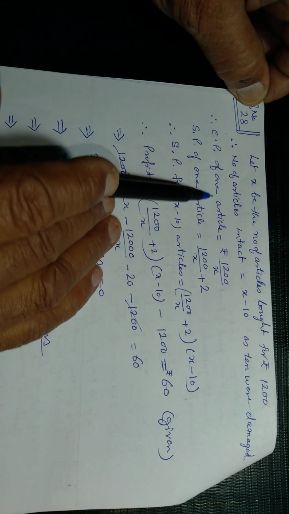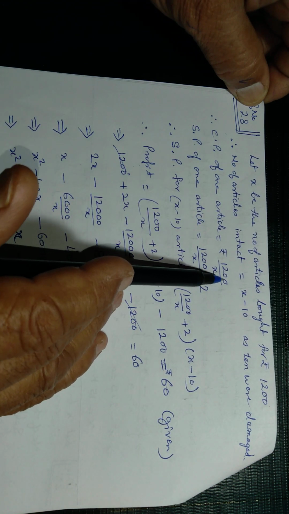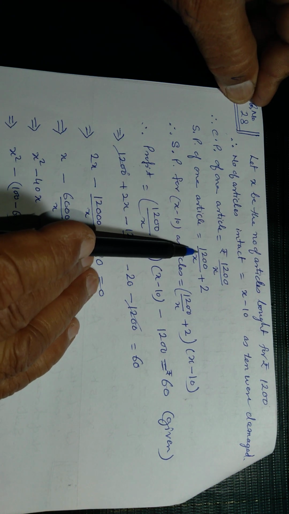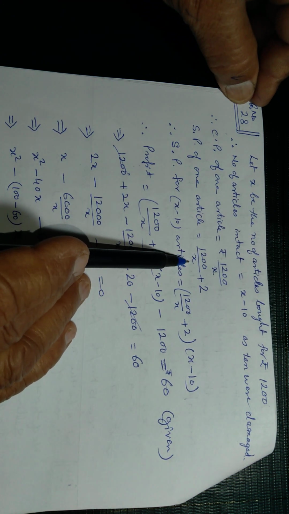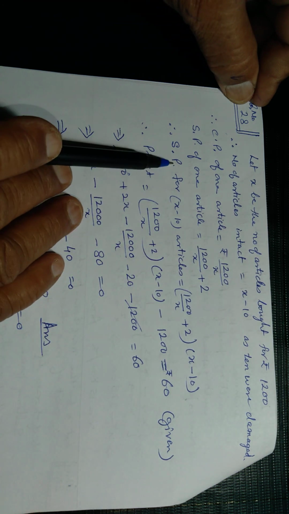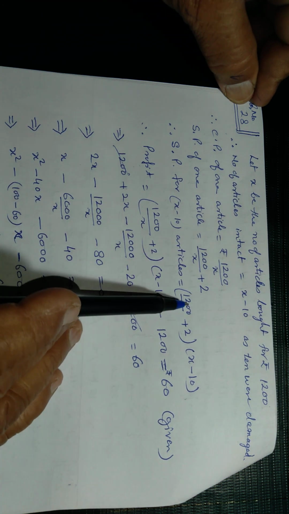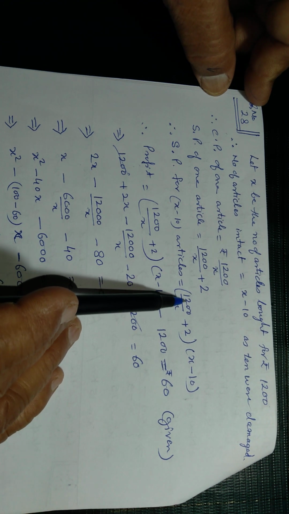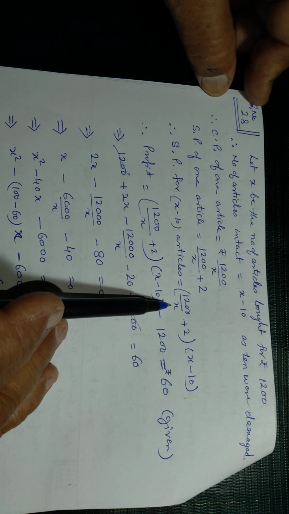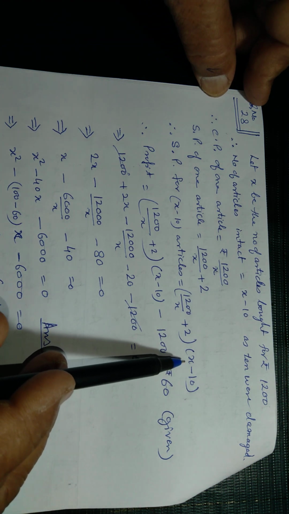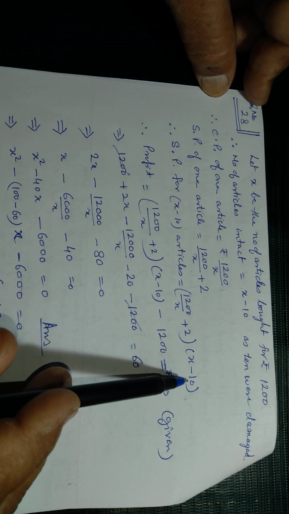So the cost price of one article will be 1,200 divided by X. Selling price of one article will be 1,200 divided by X plus 2. Selling price for X minus 10 articles will be 1,200 by X plus 2, bracket closed. In the second bracket we will write X minus 10.